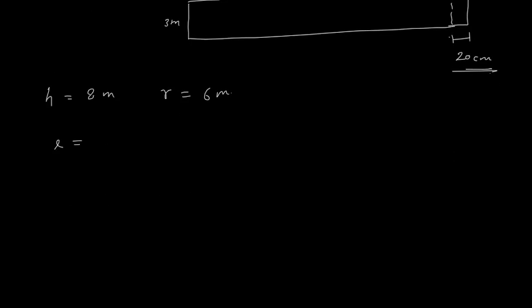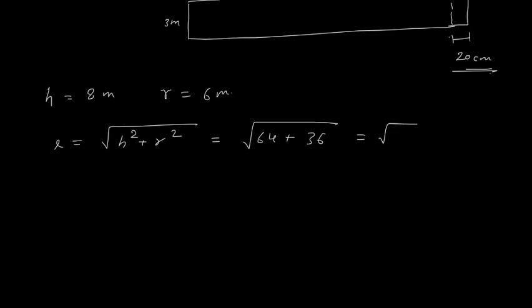So first I will calculate slant height. Length will be root of h square plus r square, that is root of 8 8 is 64 plus 6 6 is 36, that is root of 100, that is 10. So 10 meter is the slant height. Now curved surface area SC is pi r l, which is 22 divided by 7 into radius 6 into slant height 10.